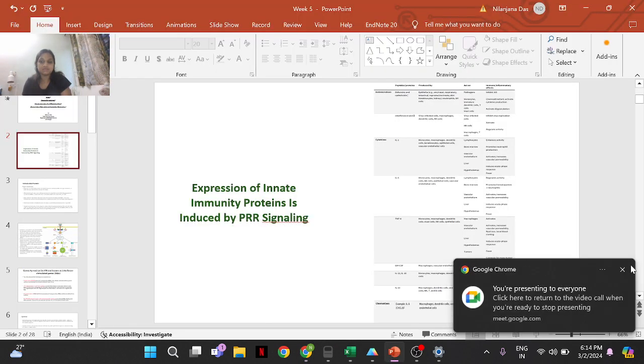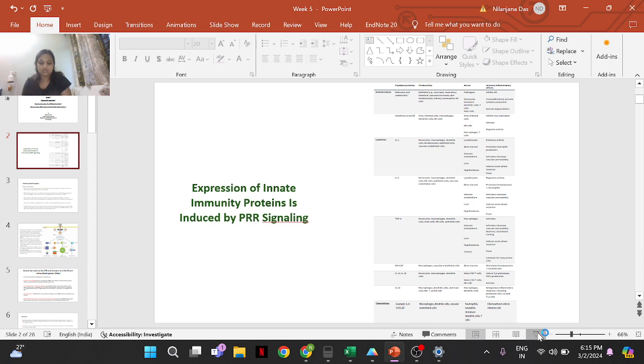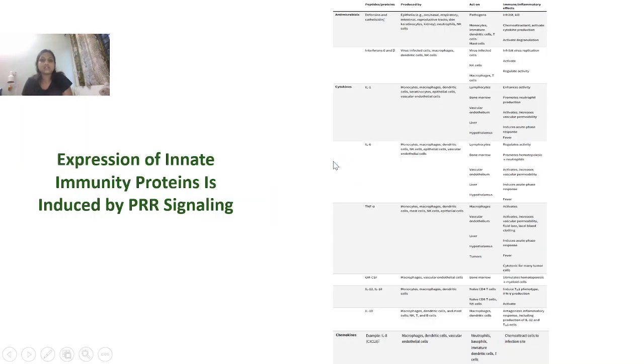These cytokines have different effects. Some are pro-inflammatory and some are anti-inflammatory. Pro-inflammatory means it helps in inflammation, and anti-inflammatory means it reduces inflammation. An example of an anti-inflammatory cytokine is IL-10, produced by macrophages, dendritic cells, and mast cells. Others are mostly pro-inflammatory, like IL-1 here in this table, TNF-alpha, and IL-6.